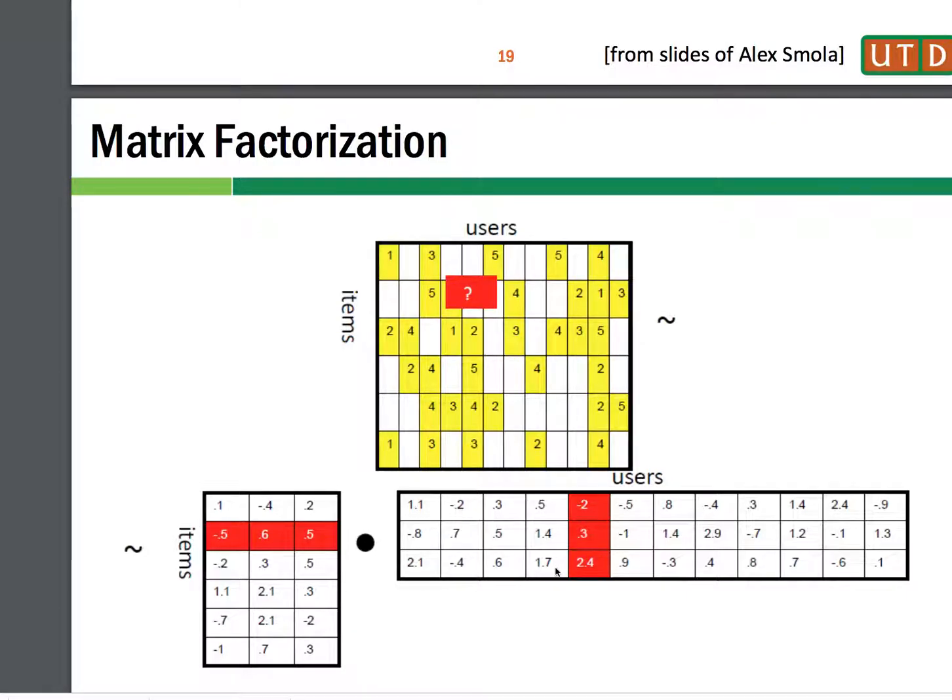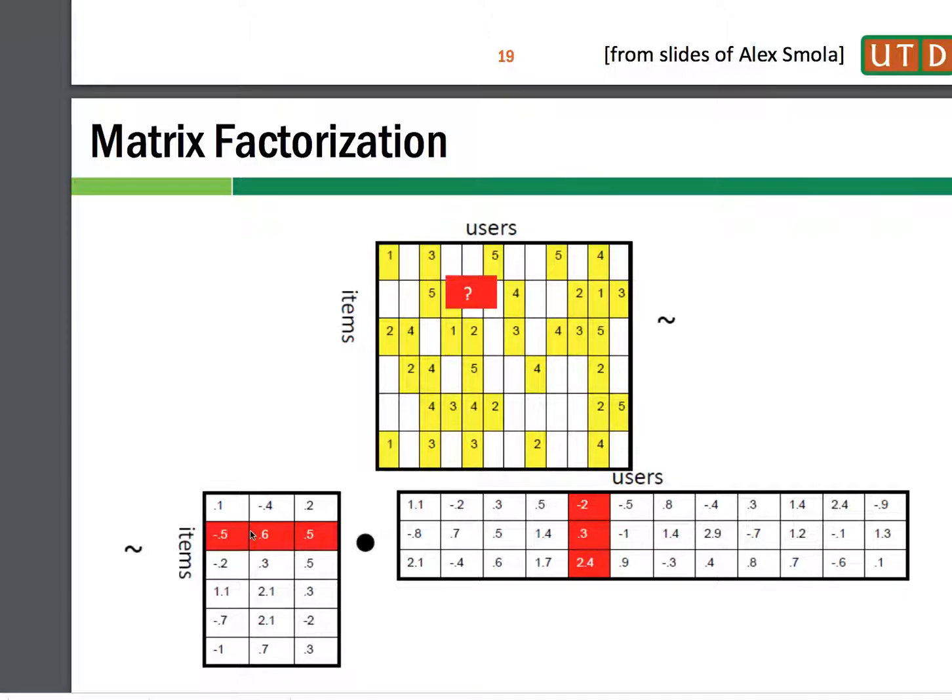Okay, so now that we have these two matrices, if I want to predict what user 4 is going to rate movie 1, what I need to do is multiply the first row of the movie matrix by the fourth column of the user matrix, right?